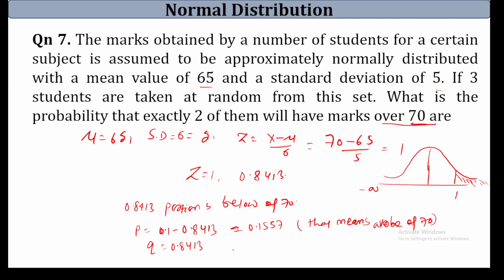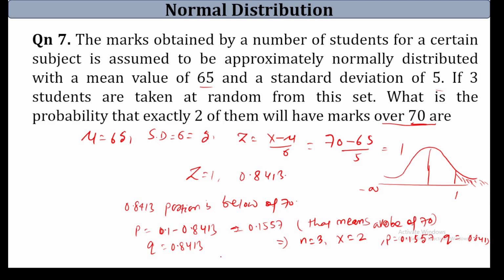So now for the probability that 2 of 3 will have marks over 70, we have n equal to 3, x equal to 2, P equal to 0.1587, Q equal to 0.8413.